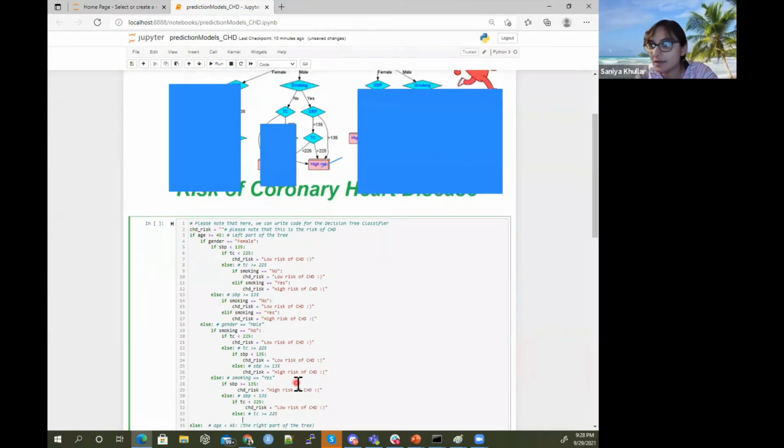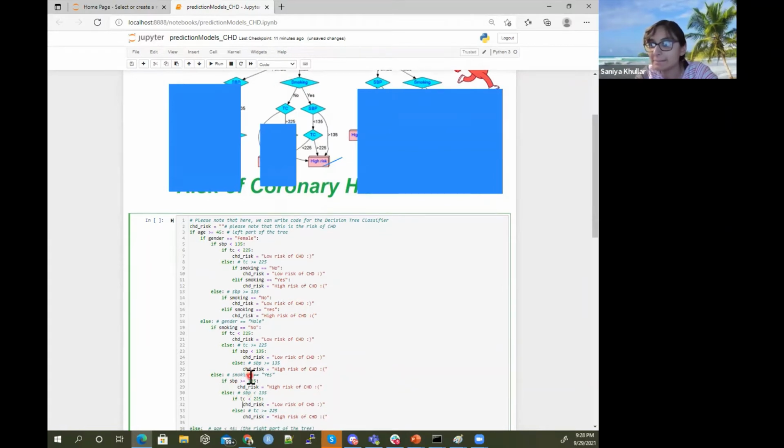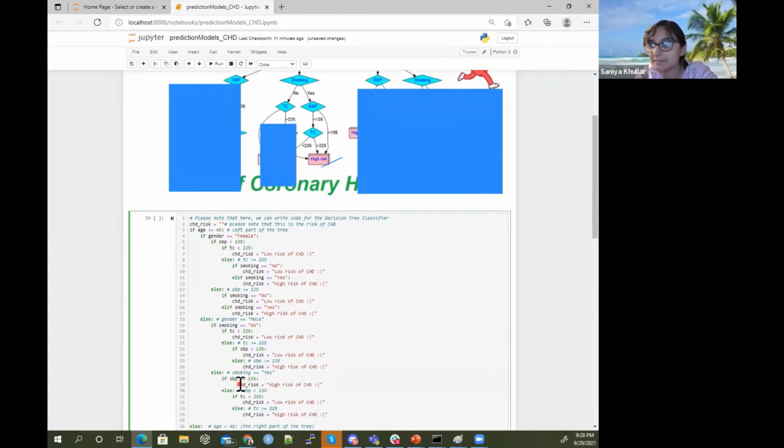So then you are at a high risk of CHD. You have to be very careful with these tabs in Python. It's very fussy. Okay, now the tabs are lined up.